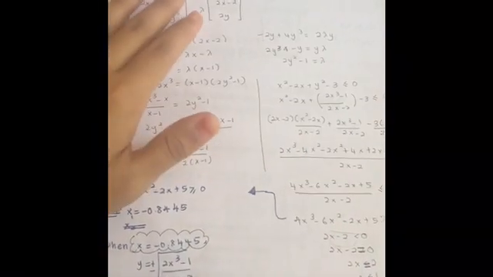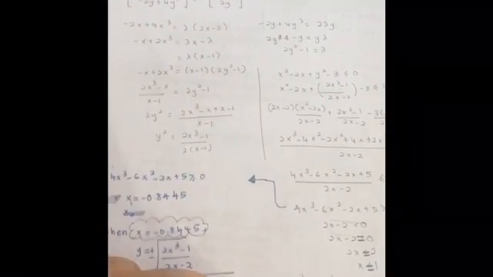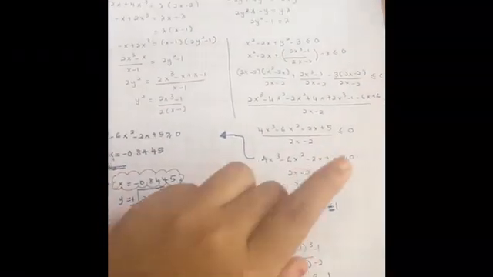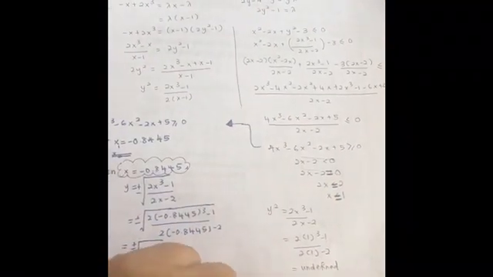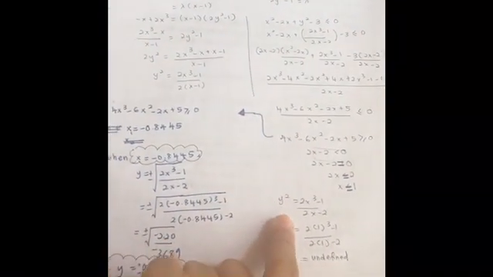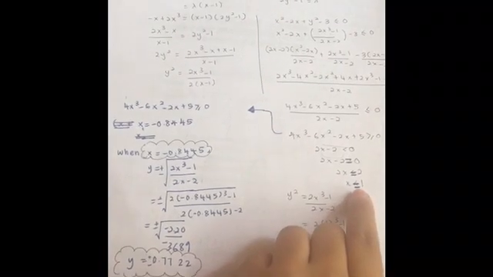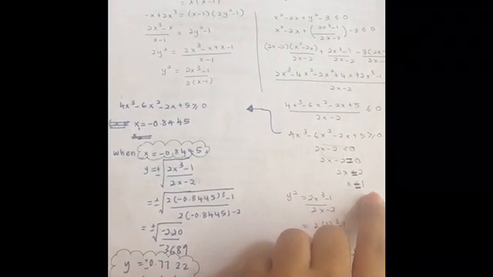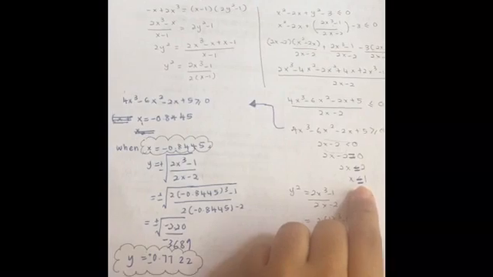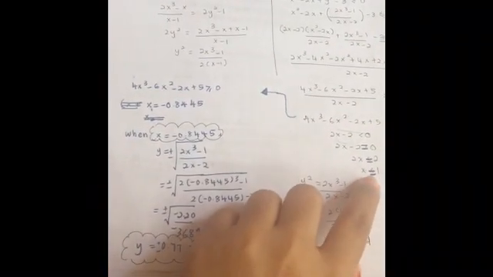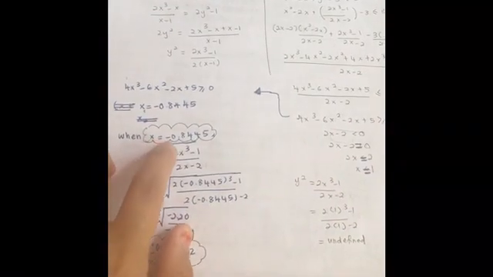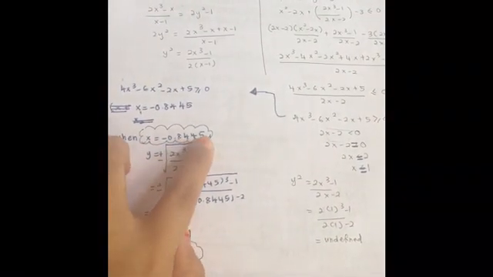So by using this formula, we can find the value of x and also the value of y. The x we found is x equal to 1, and also x equal to negative 0.8445.